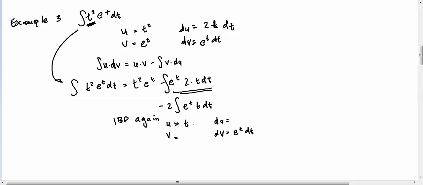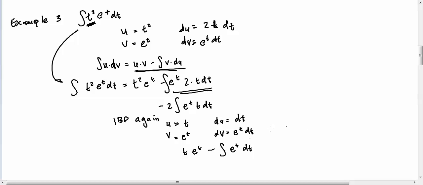In this case, taking the derivative of u is just dt, and taking the integral of dv is e to the t. So let's plug this straight into the equation again: t times e to the t minus the integral of v, so that would be e to the t dt.